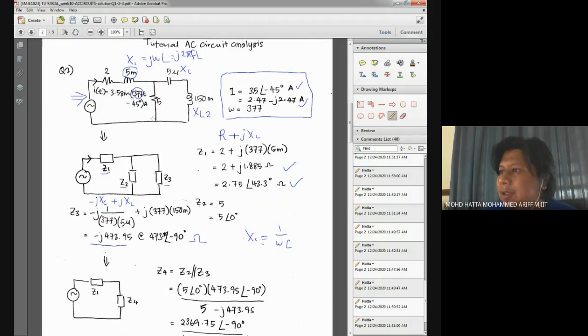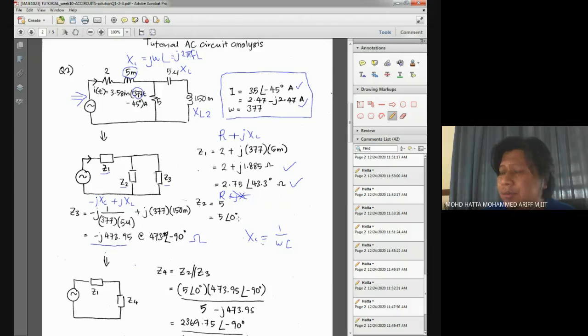Z2 is basically just a resistor. If you would like to write it, Z2 is given by R plus JX. Since we don't have this value, Z2 is only given by R, and R is 5 in rectangular form.